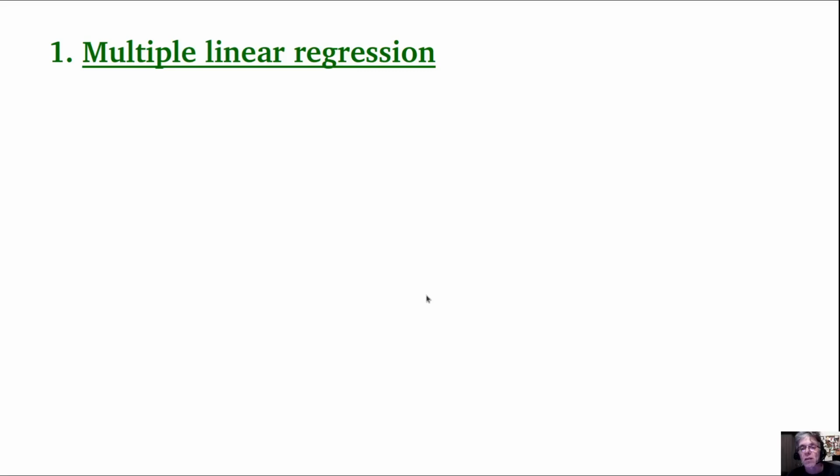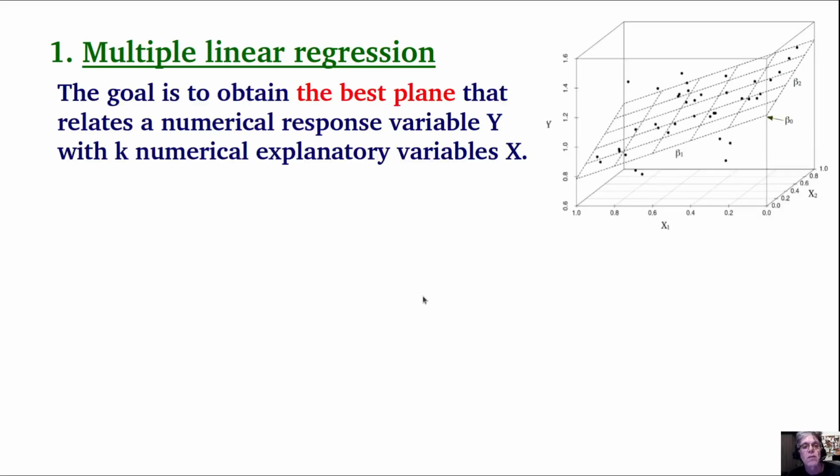So first, a general gist or a general idea for what this method is about. The goal here is to find not the best line, but the best plane that relates a numerical response variable y with k explanatory variables x, here illustrated with two explanatory variables x1 and x2.